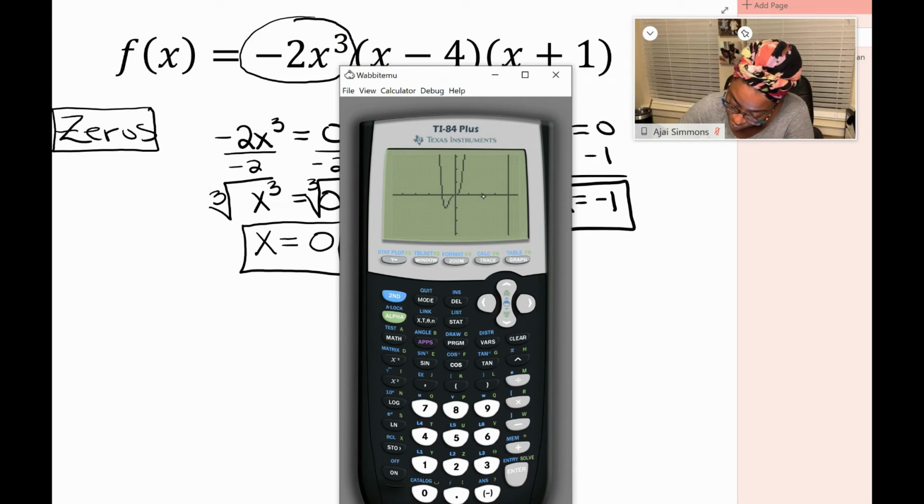If you look at 4, 1, 2, 3, 4 is right here. It looks like it goes through here. And we should have something going on at negative 1, and I do. So if you look, all of these cross the x-axis or touch the x-axis in some kind of way. So they are x-intercepts, therefore they are zeros. So that is what I found doing the mathematics, and it is what I see in the picture display.